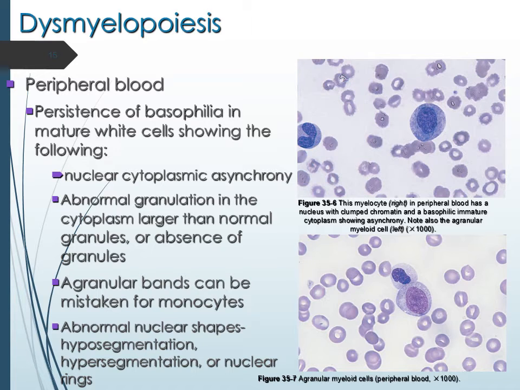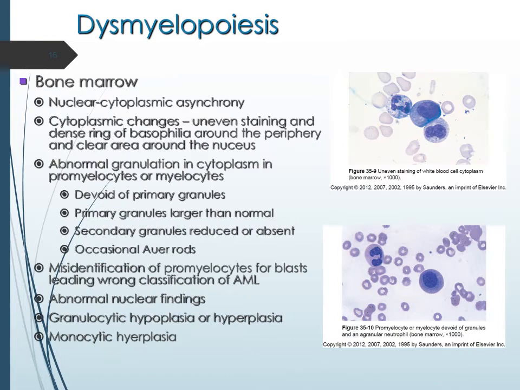Abnormal nuclear features might be hypersegmentation or nuclear rings. In the bone marrow, you see nucleocytoplasmic asynchrony, as you can see over here.